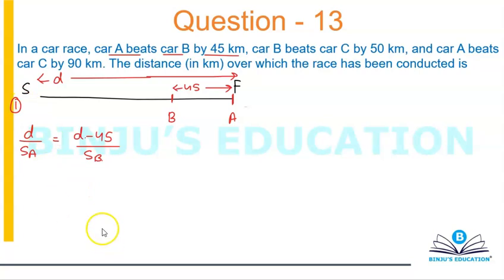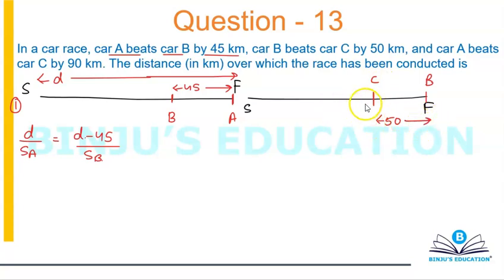Now the second thing is car B beats car C by 50 kilometers. So again, this is the starting point, this is the finish point. Now car B beats car C by 50 kilometers, so this will become 50.